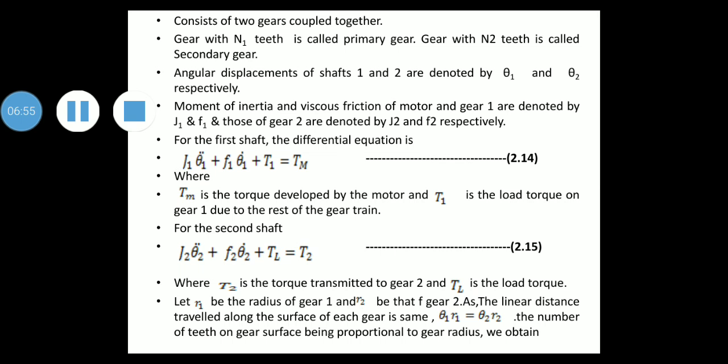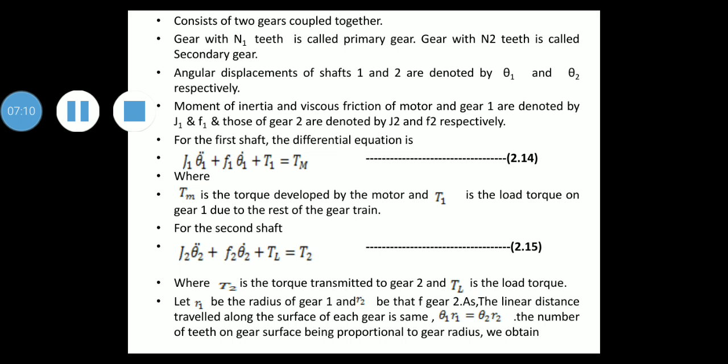For the first shaft, the differential equation is J1 theta 1 double dot plus F1 theta 1 dot plus T1 equals Tm.